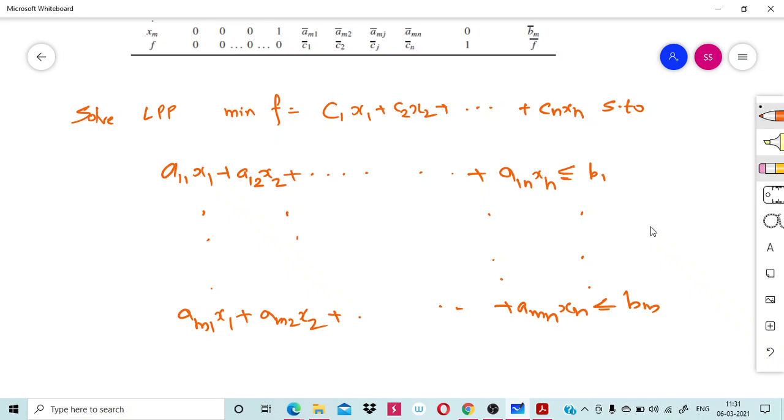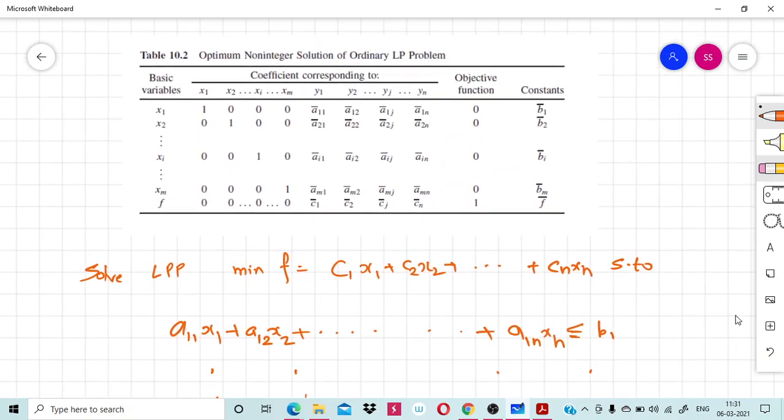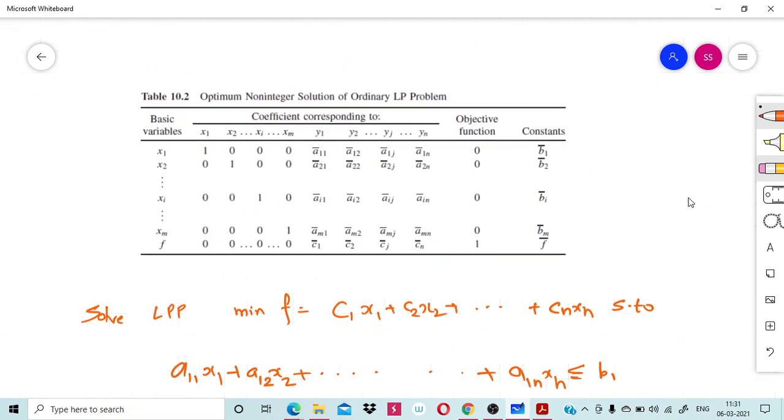So this is our general format, and we will proceed with this LPP problem using the simplex method. With the simplex method we proceed through all the iterations.